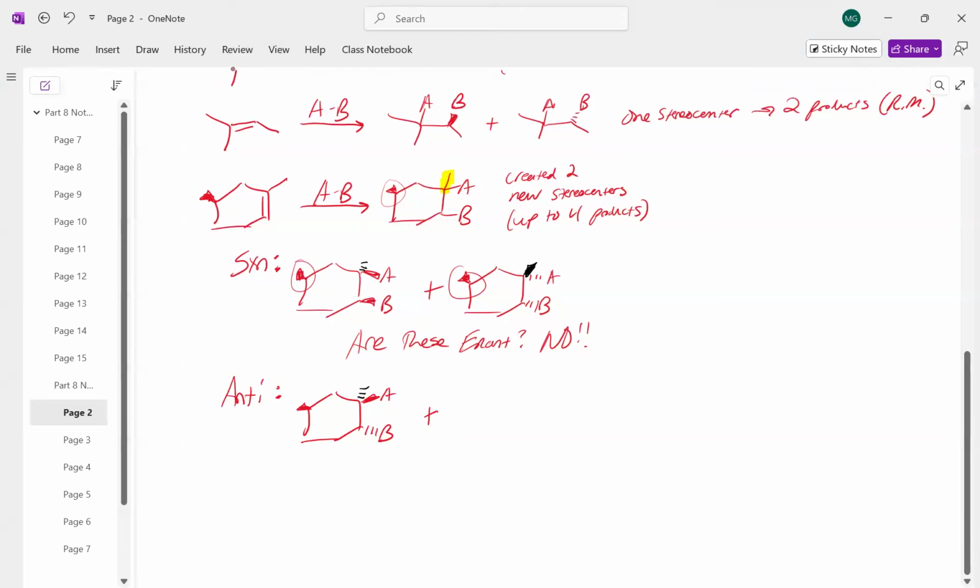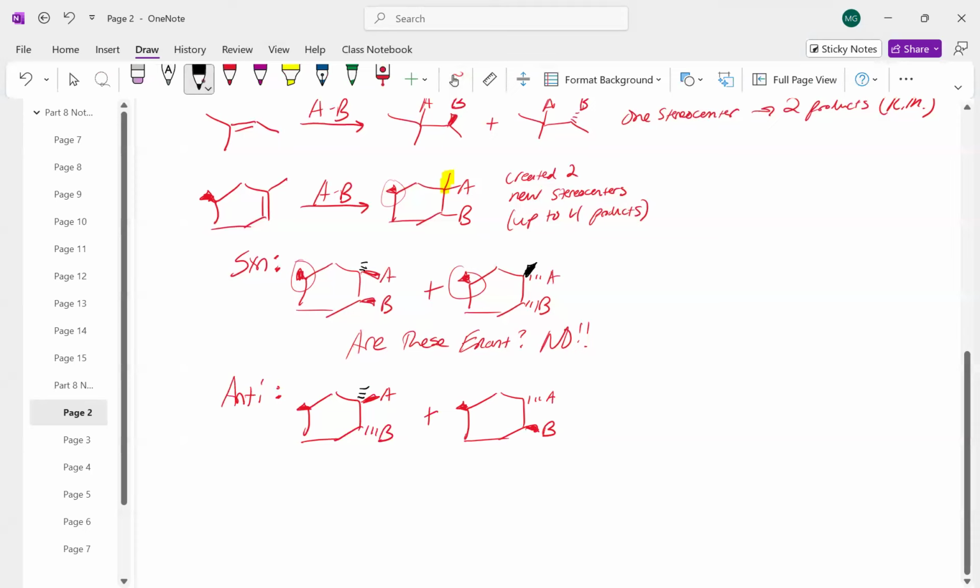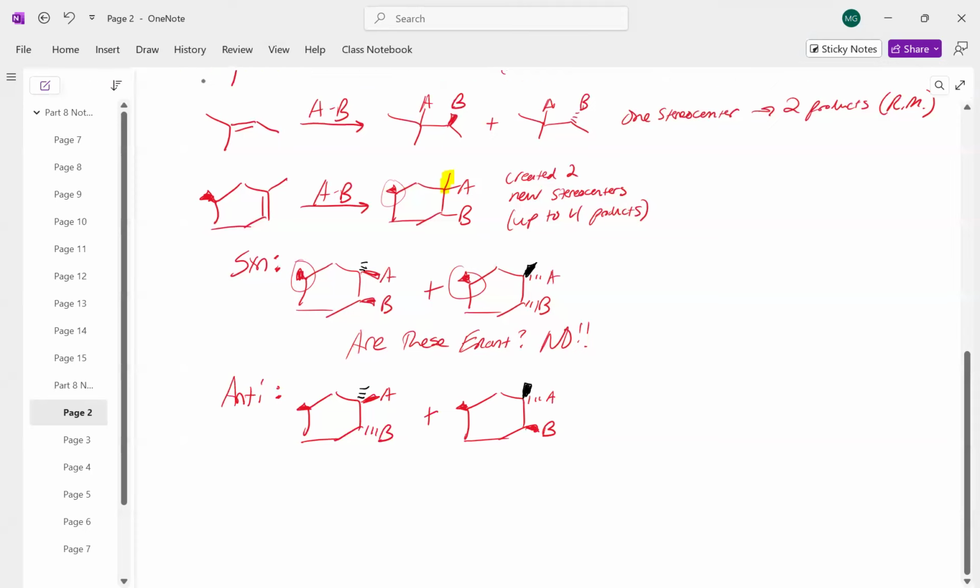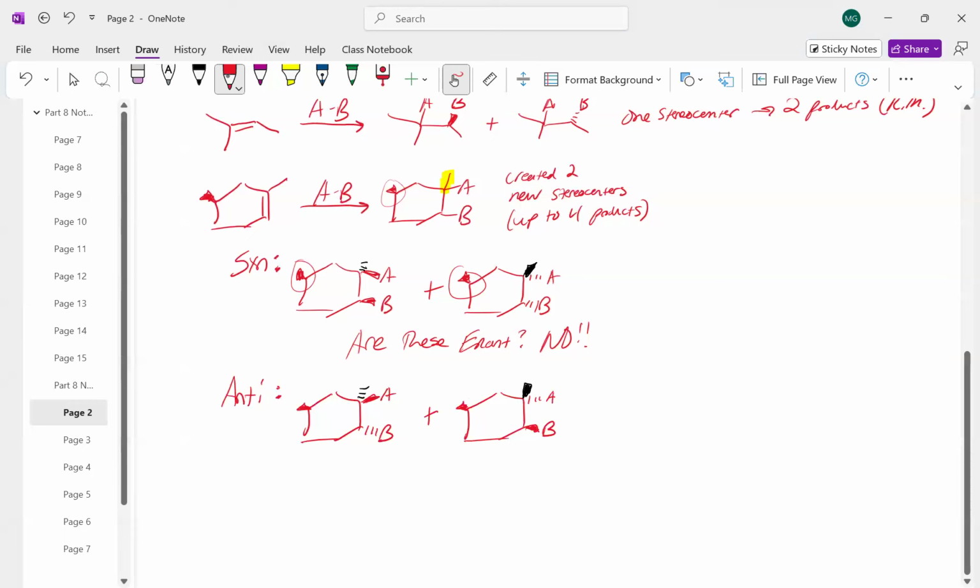And then I would have gotten the opposite stereochemistry, where A could have been down and B could be up. And so for this methyl group, it would be upwards because the A would have pushed it up.